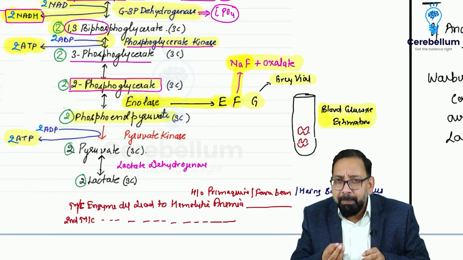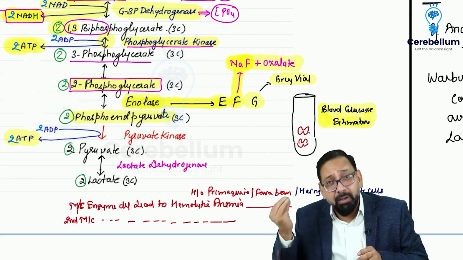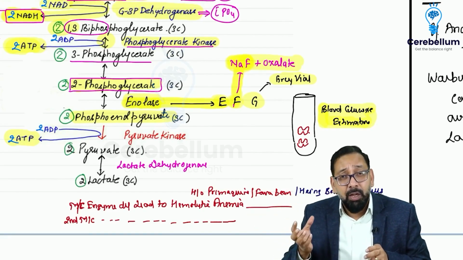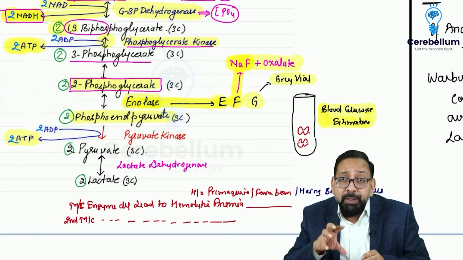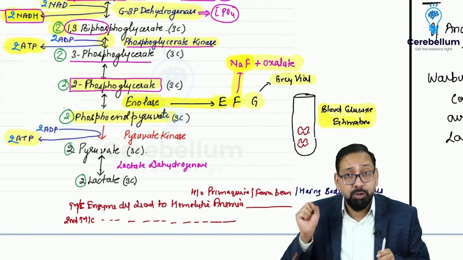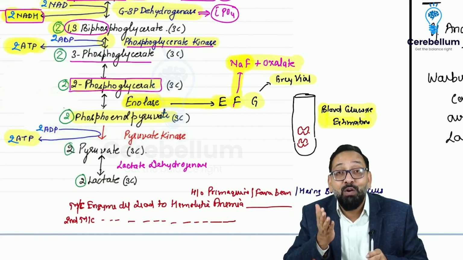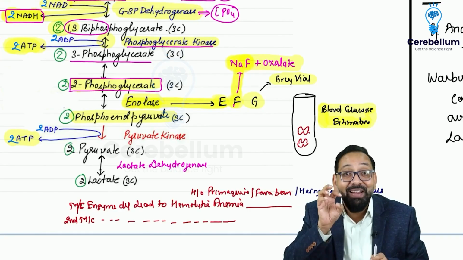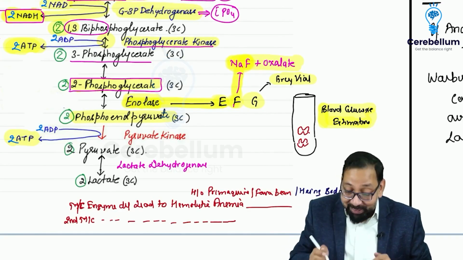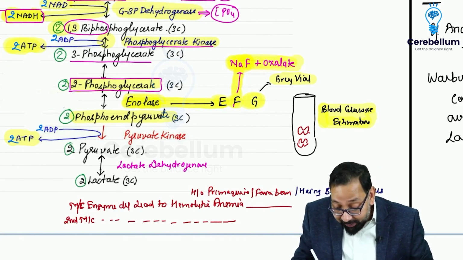Suppose you took a sample in the morning and gave it to a higher center the next day and you did not add sodium fluoride. Then RBC will utilize that glucose. And when you estimate blood glucose, it would be falsely low because most of the glucose has been eaten by RBC. That's why we add sodium fluoride, which inhibits enolase, in the gray vial.